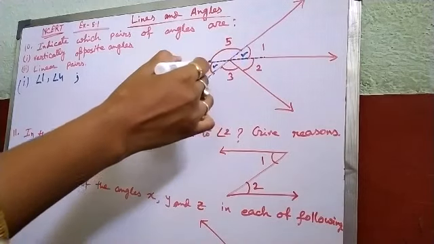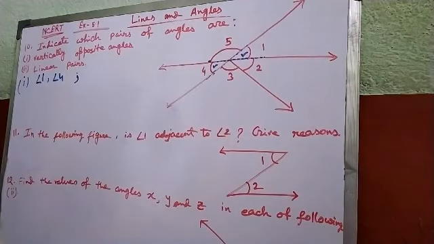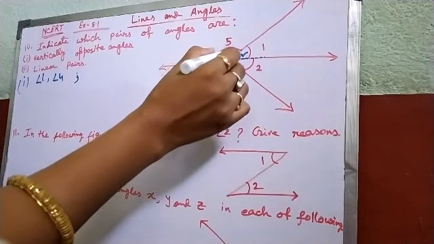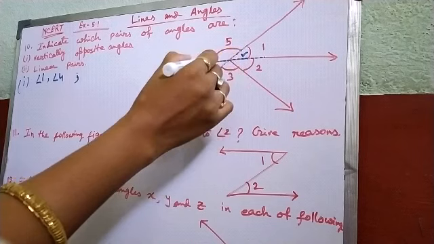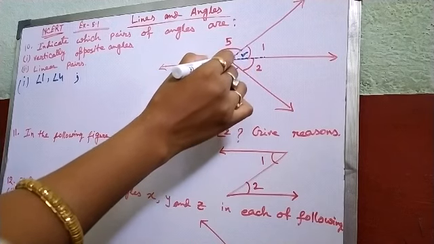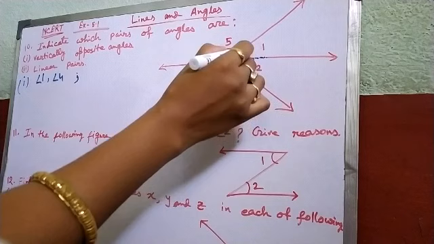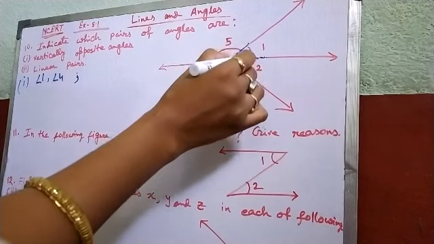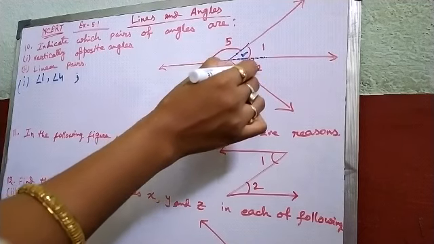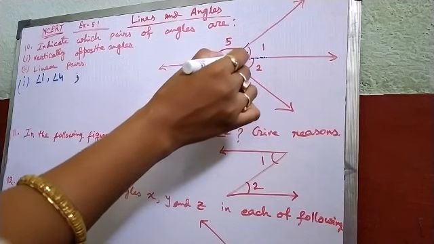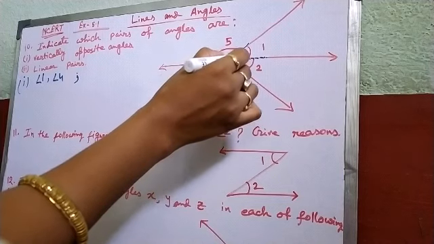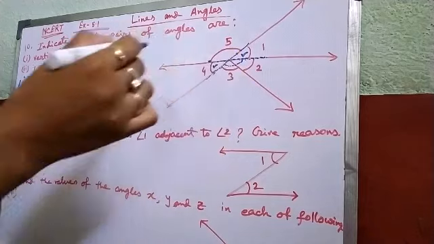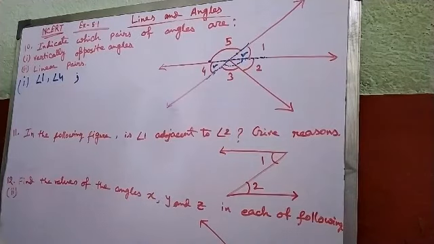Angle 1 and angle 4 are equal. Another one is here, angle 5. When angle 2 and angle 3 are added, this total angle is also a vertically opposite angle.